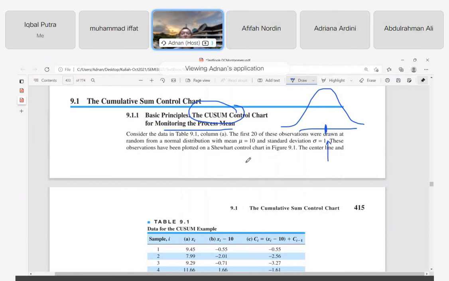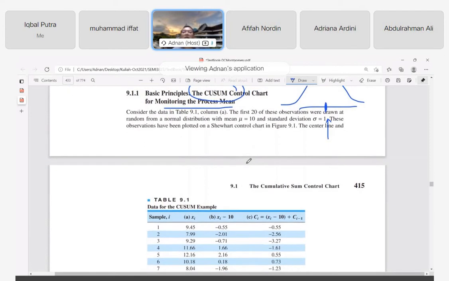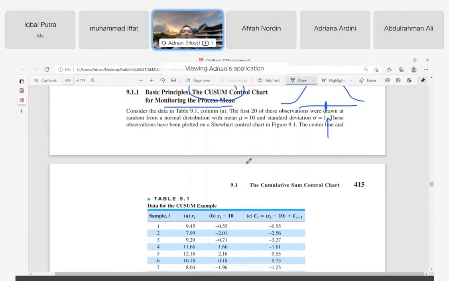In this data table 9.1, what we have is 20 observations taken from a normal distribution with a mean equal to the mean of the process. The process mean is given here as 10, and the standard deviation of the process is given as 1.